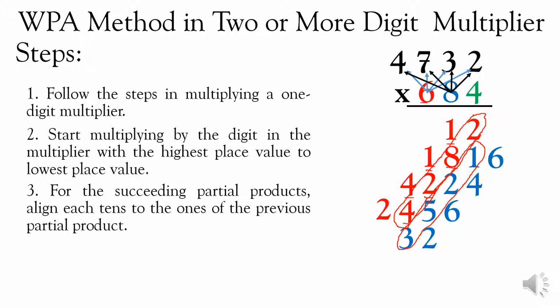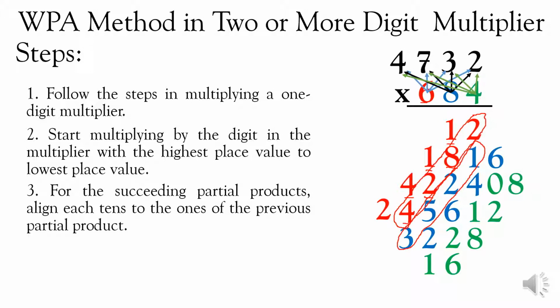Same will be done to the products of 4, which is precisely our third partial product. So we will start multiplying 4 by 2, which gives us 0, 8. The next to be multiplied by 4 will be 3, which gives us 12. The next to be multiplied by 4 will be 7, which gives us 28. And the last number to be multiplied by 4 will be 4, which gives us 16.